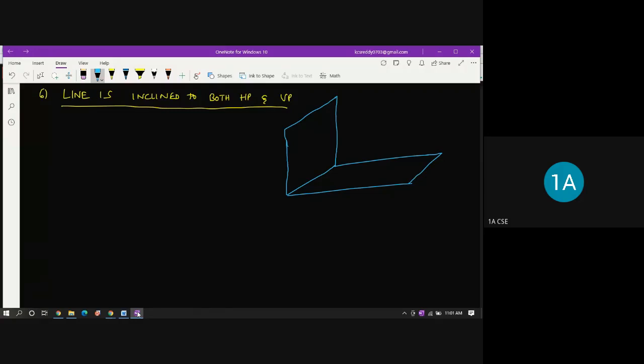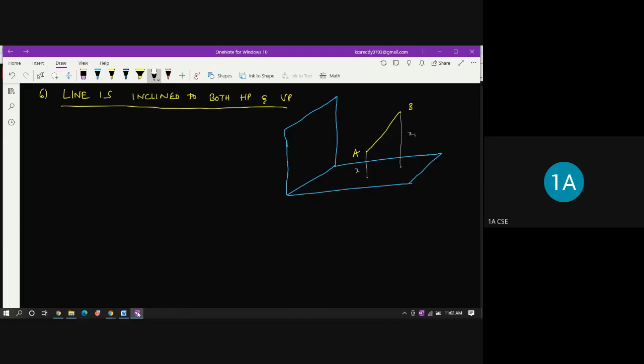I've taken, for example, one point here, and the other point is here. So this is the line AB. With respect to the horizontal plane, both points are at different distances: this is at x distance, and this is at x1 distance.